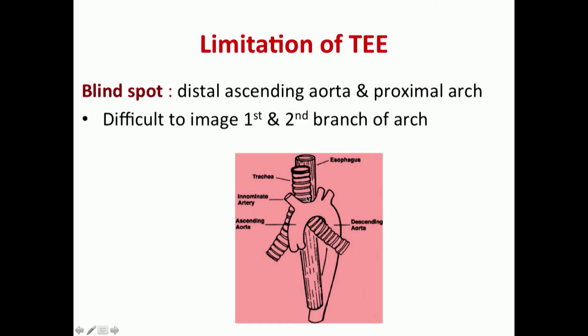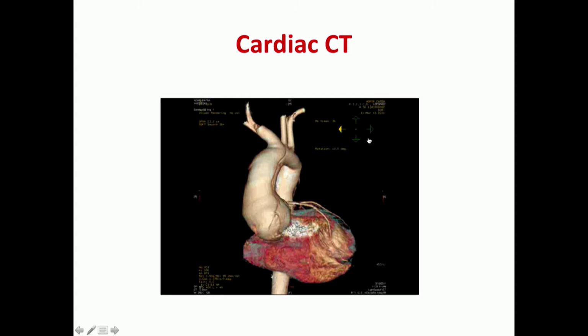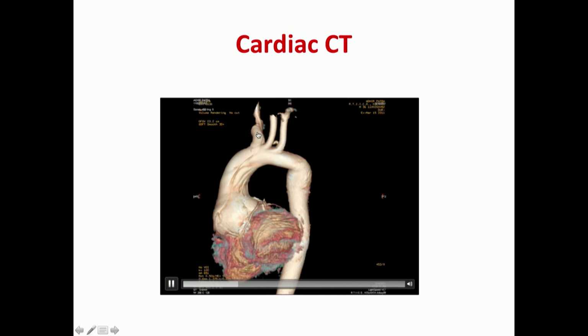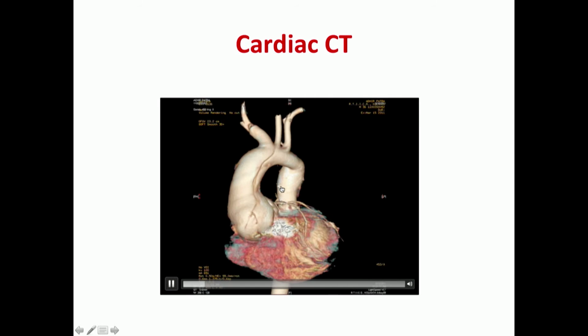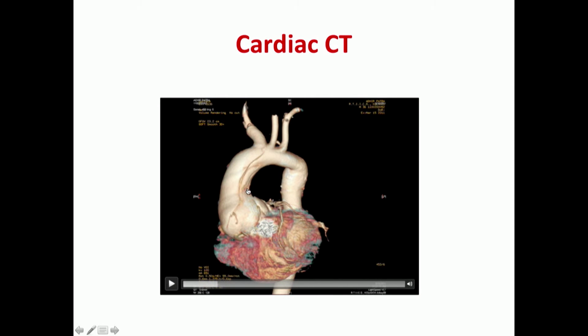So it hinders the transesophageal echo image from coming into this part of the aorta. It is very difficult to image the first and the second branch. Here we need the help of cardiac CT, where it can easily show the involvement of the branches of the arch.